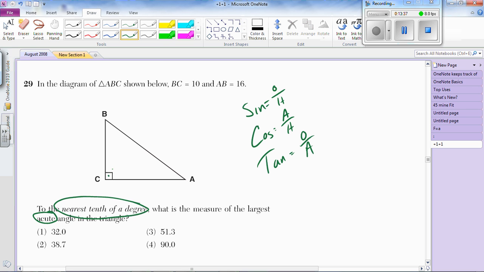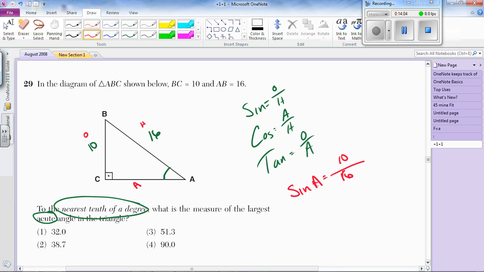But AB is 16 and BC is 10. So really all I'm going to do is go find this. So I'll label my adjacent, hypotenuse, and opposite. So to find A, it's opposite over hypotenuse. So sine of A is opposite, which is 10, over hypotenuse, which is 16.